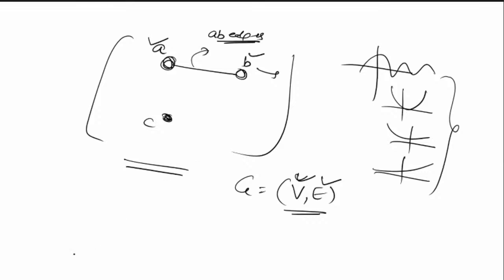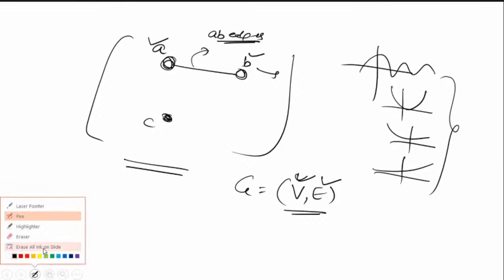Now, in graph theory, we have many concepts, and all these concepts I have already discussed in the Gate Forum Discrete Mathematics course. But let me discuss a few important concepts from the Gate point of view, or from any exam point of view.